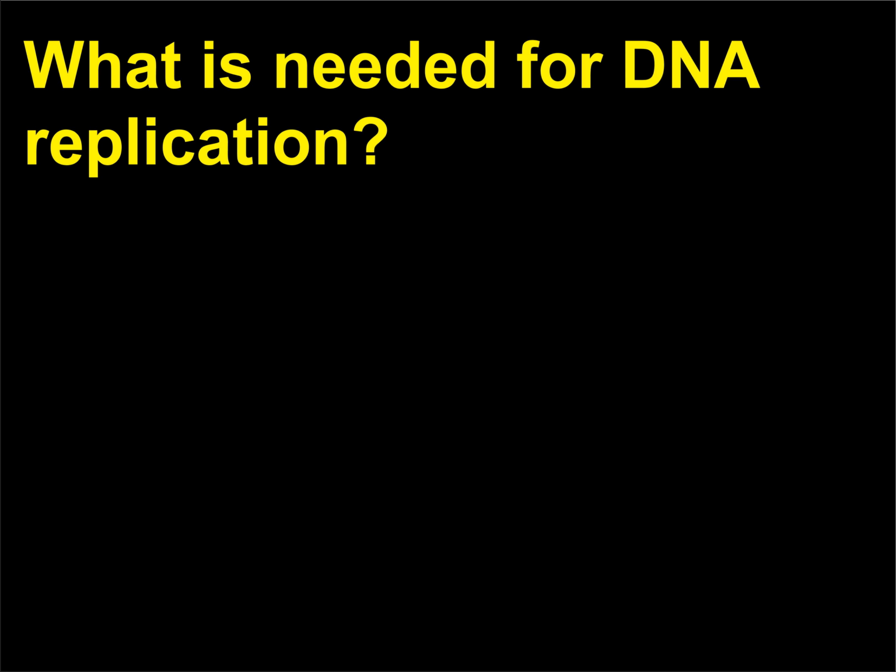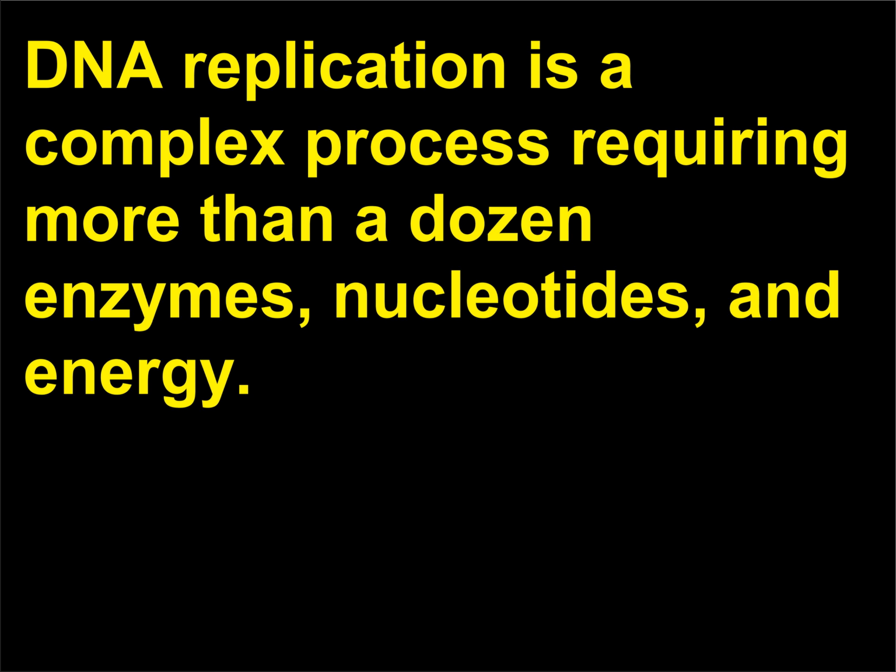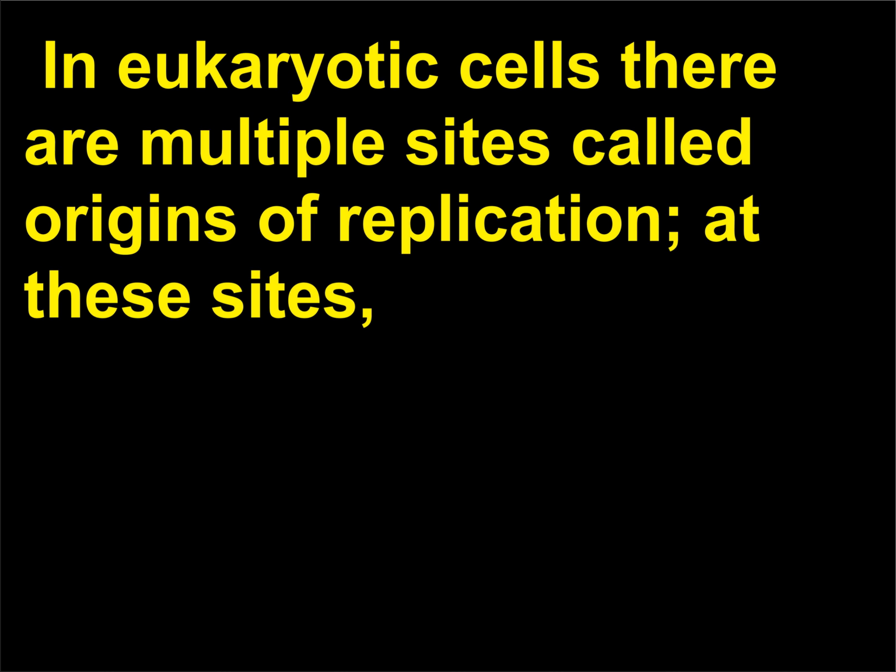What is needed for DNA replication? DNA replication is a complex process requiring more than a dozen enzymes, nucleotides, and energy. In eukaryotic cells there are multiple sites called origins of replication.